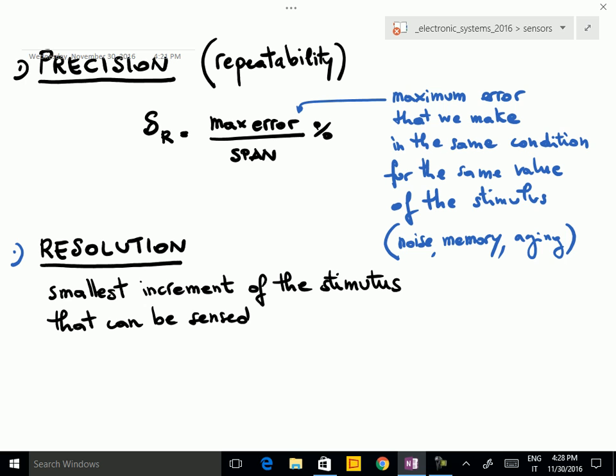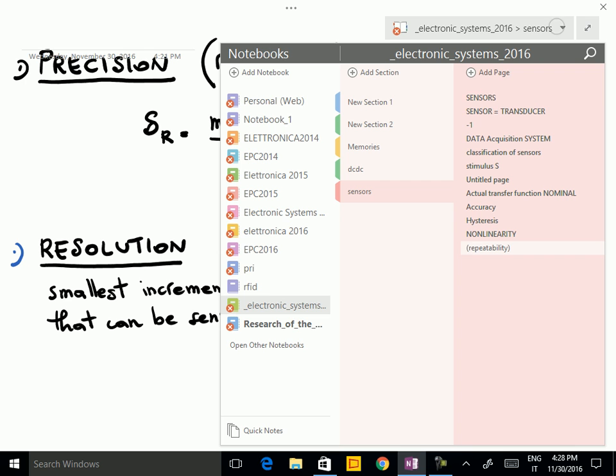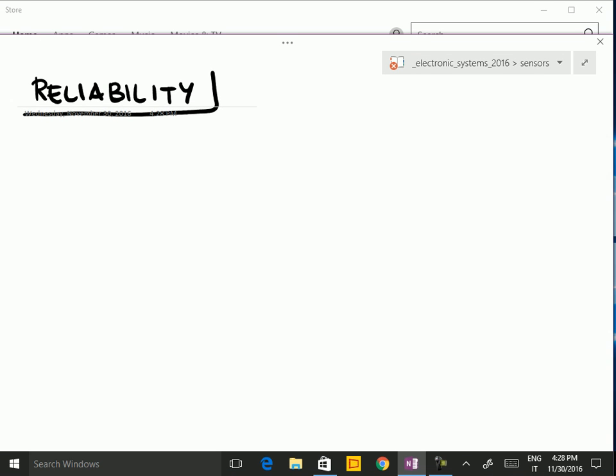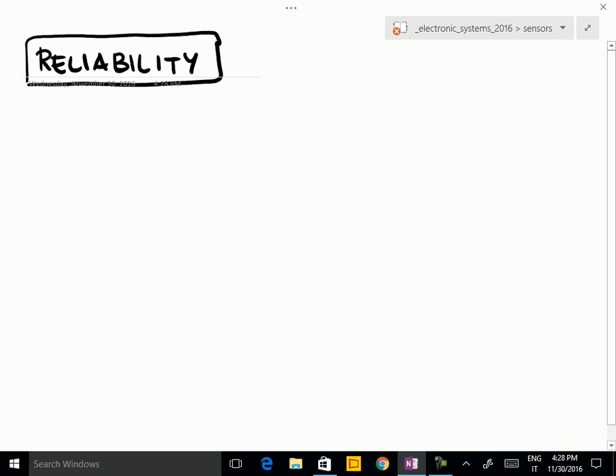Okay, so I think we are almost done. There is just one quantity, but I need to add another slide, that is the reliability. The reliability is a qualitative aspect and it expresses the capacity of the sensor to work without failure.